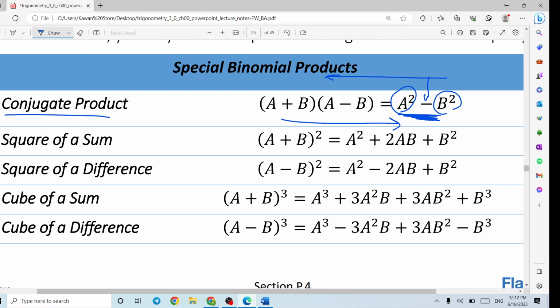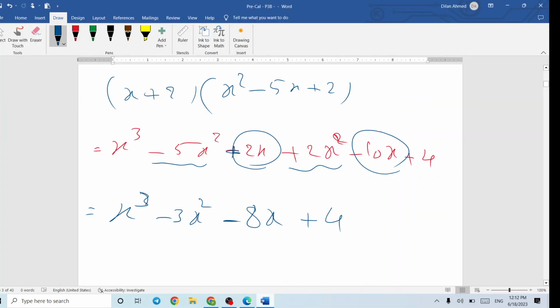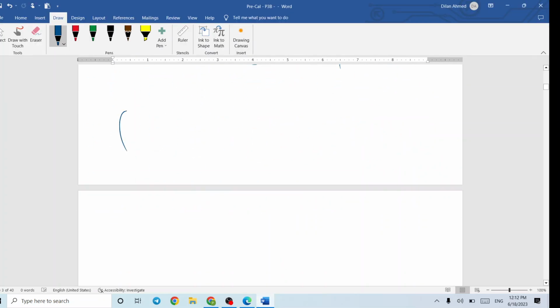It means that we have two parentheses, for example A and B, one of them addition and one of them subtraction. So it's called conjugate, right? When you multiply them, you don't need to do those three steps.